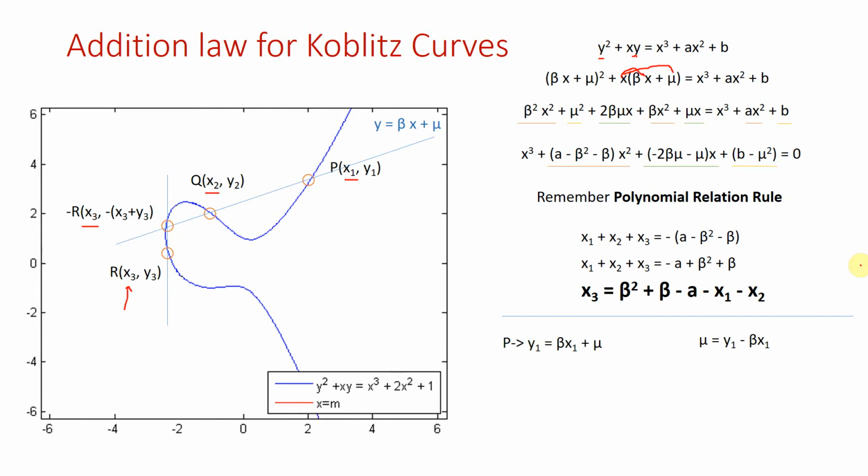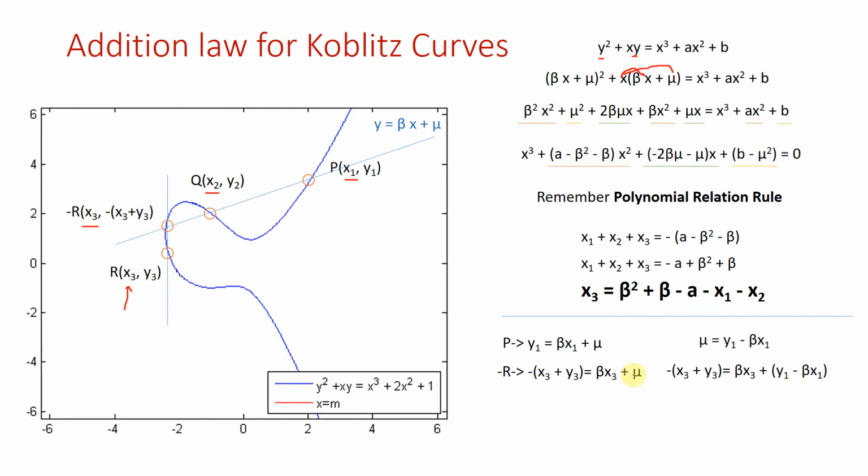Y1 is equal to beta times x1 plus mu, and here I will find the exact mu value, and it becomes y1 minus beta times x1. Similarly, minus r is on the same line too. I will put its coordinates in this equation, and it's actually minus x3 minus y3 is equal to beta times x3 plus mu.